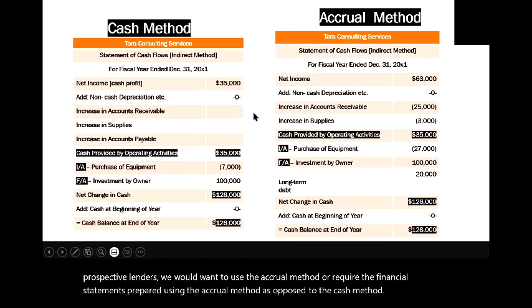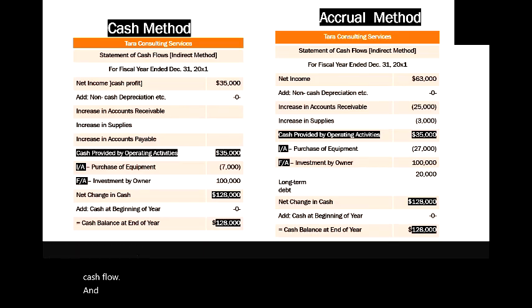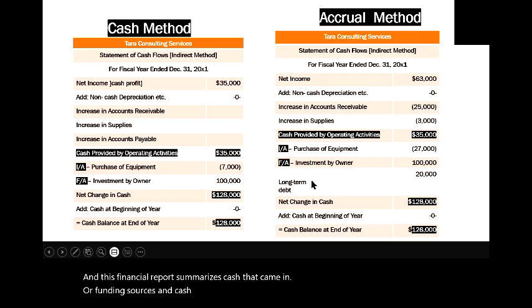What we have now is the last of the three major financial statements, which is the statement of cash flow. This financial report summarizes cash that came in, or funding sources, and cash that went out, or uses of cash.